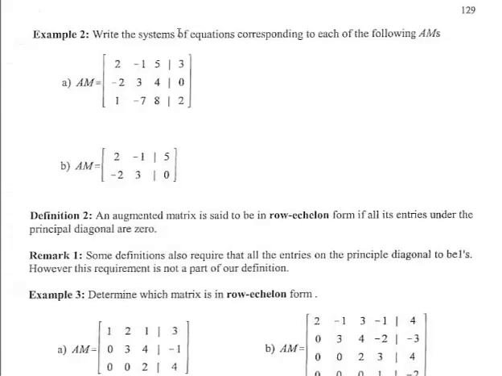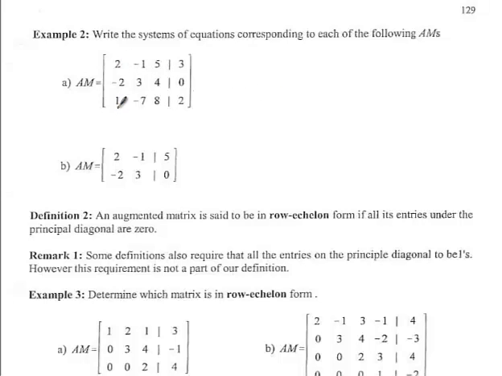So now that we know how to go from a system of equations to the augmented matrix, what we'll do is we'll do the reverse. We'll go from augmented matrix back to a system of equations.